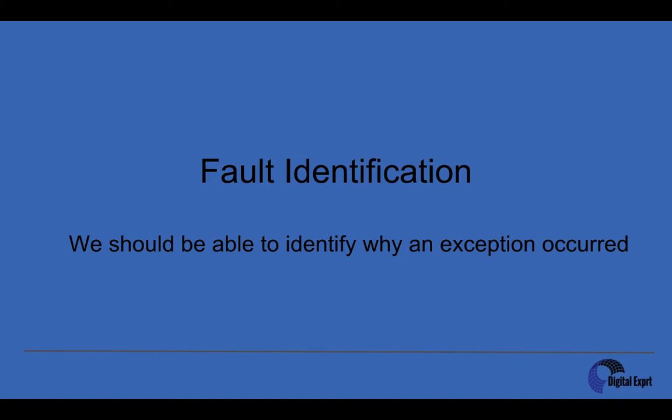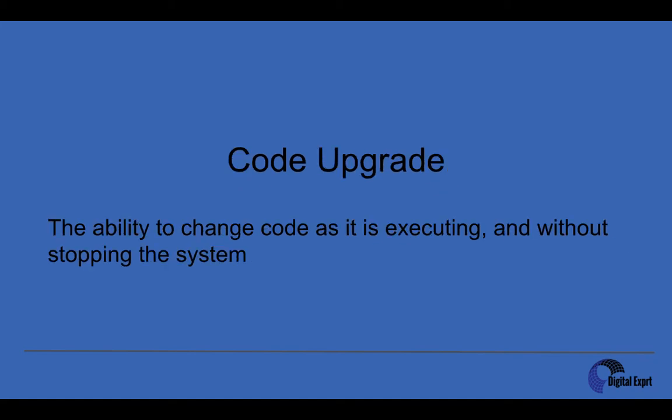The fault identification means that when an exception occurred, we need to be able to identify why it has occurred. And again, we need some kind of forensics to be able to play the detective and figure out what caused this exception. Also, at that point, we may detect something needs to change on our system. We need to upgrade the code.